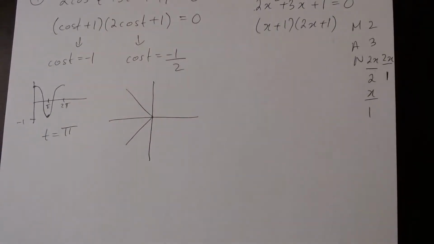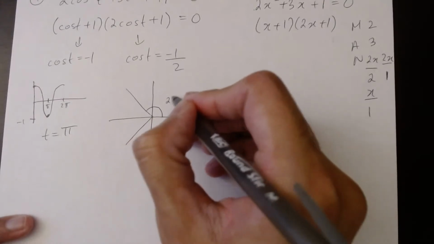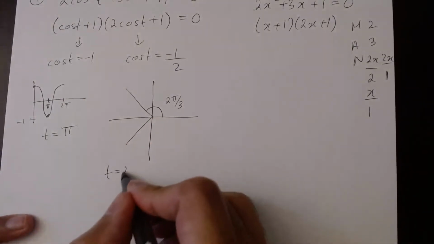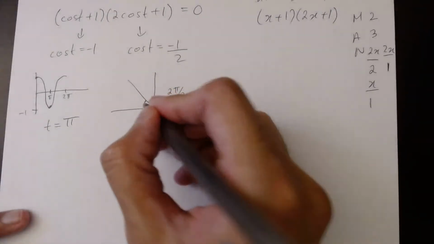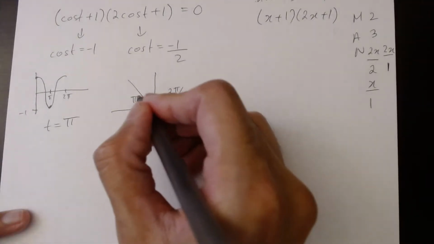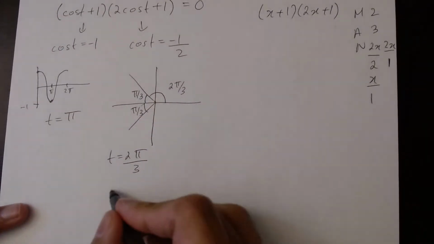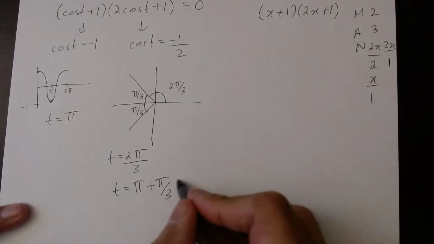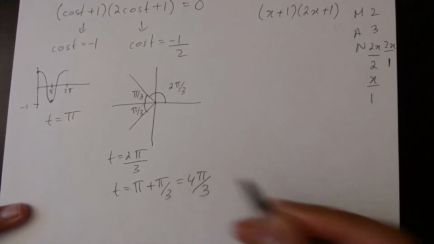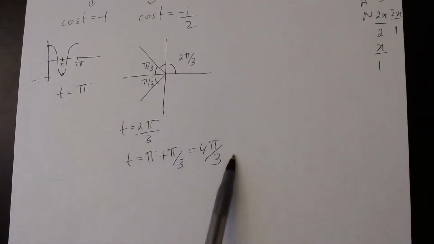We'll do the cos inverse of negative 1 over 2. And I get an obtuse angle in the calculator. So my first solution for t is 2 pi over 3. My acute angle here is pi minus 2 pi over 3, which is just pi over 3. And my second solution is going to be pi plus pi over 3, which is just 4 pi over 3. So in this question, I have 1, 2, 3 solutions.